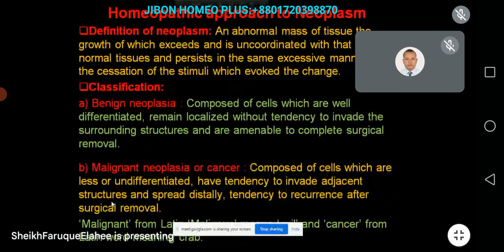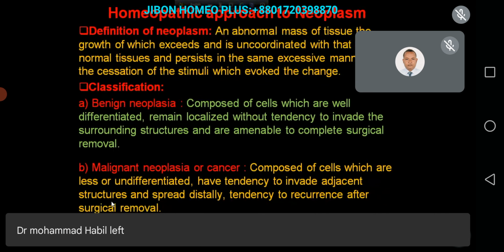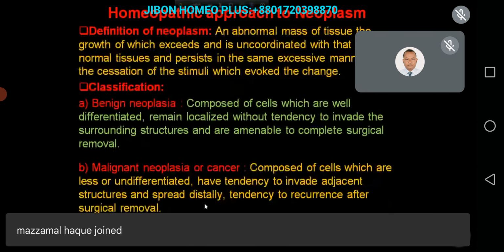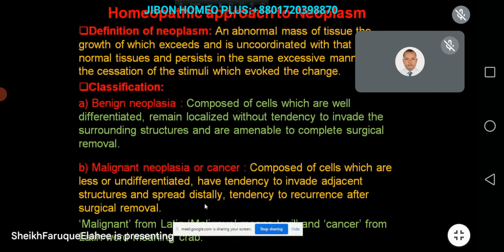If there is neoplastic change in the cervix, this is malignant neoplasia. This will invade the surrounding structure, meaning it will invade the urinary bladder, it will invade the rectum. So this has a tendency to invade adjacent structures and spread distally. Say there is a tumor in the cervix, but it can spread distally.